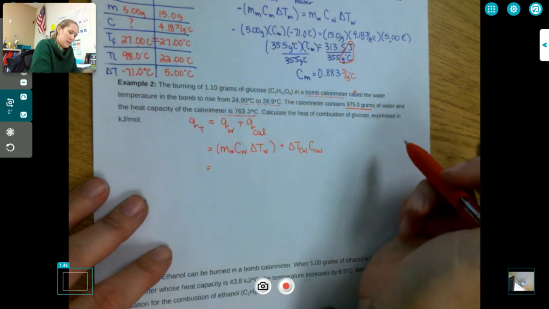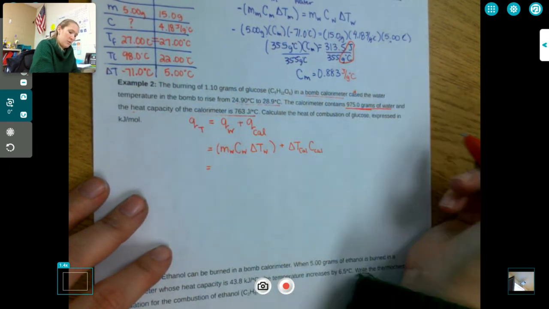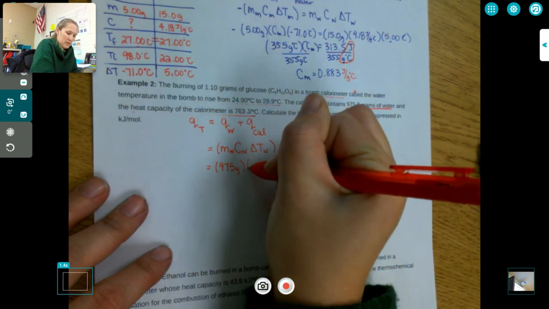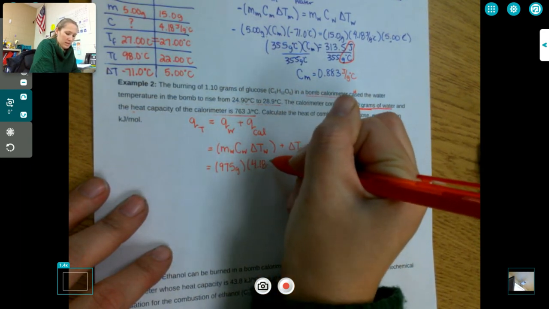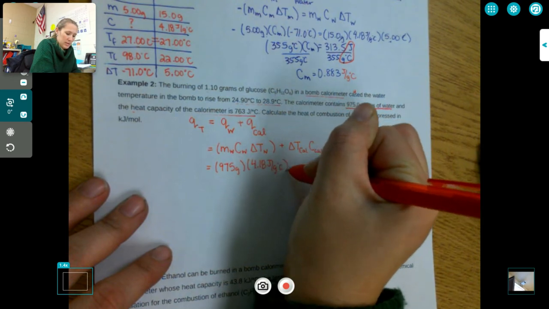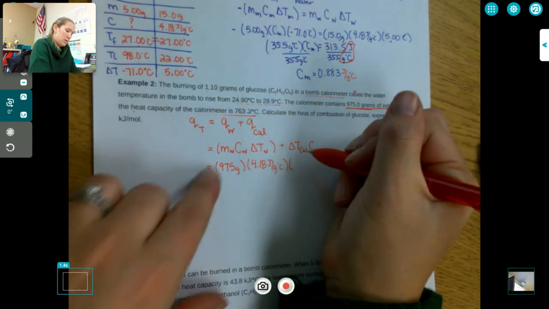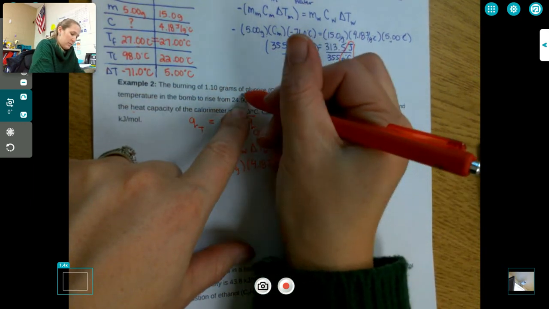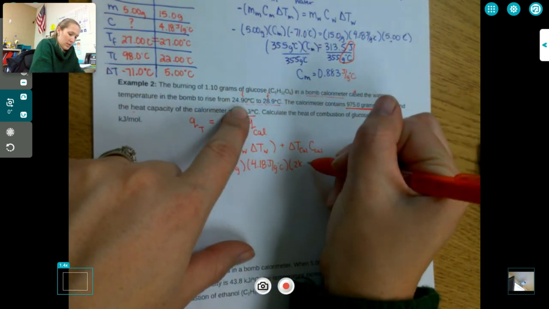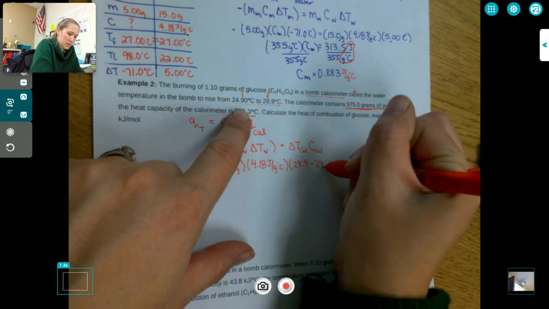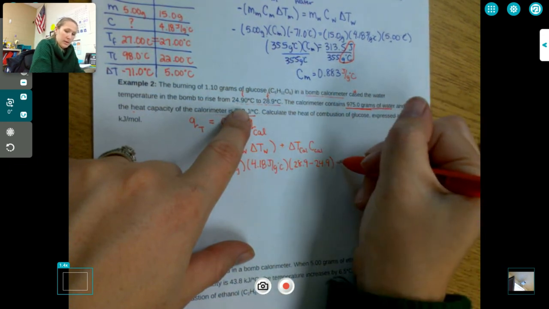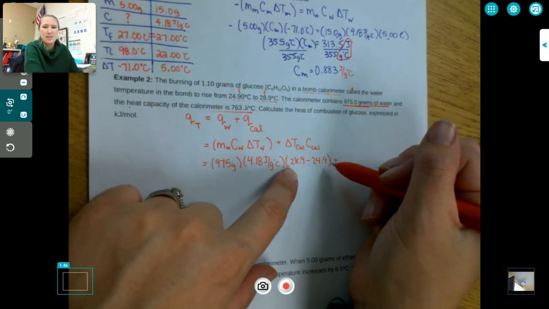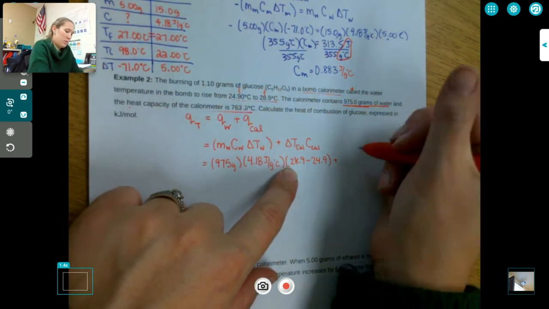So plugging in, I have 975 grams of water, specific heat of water 4.18 joules per gram degree Celsius, change in temperature, the water went final minus initial, so 28.9 minus 24.9, plus, now that's the change in temperature of the water, which is the same change in temperature as our calorimeter.